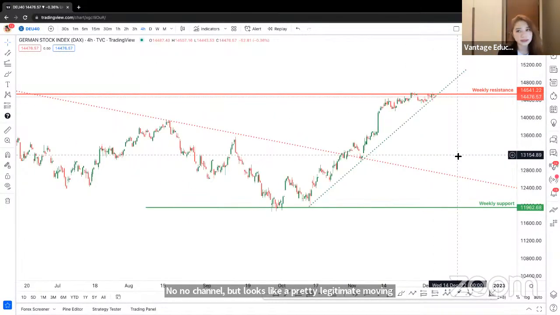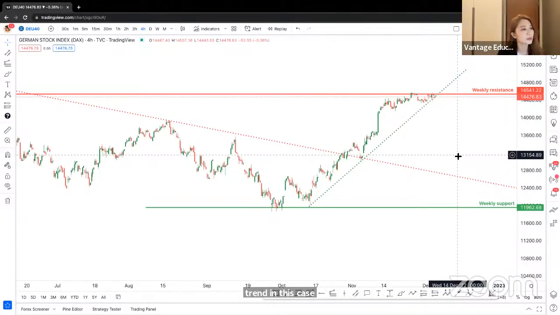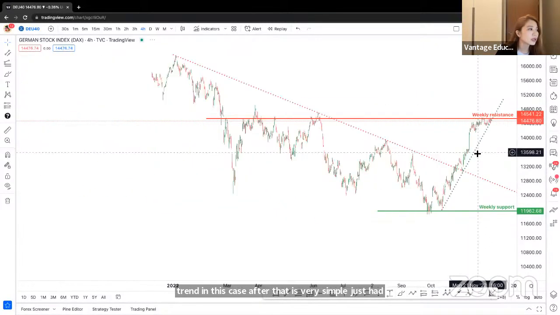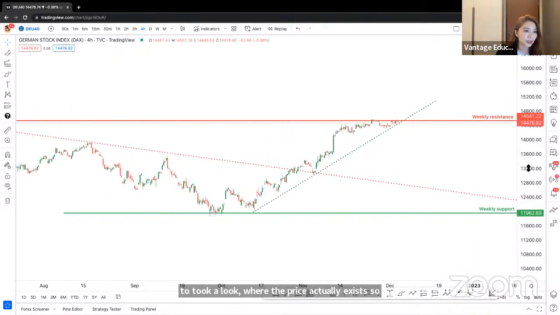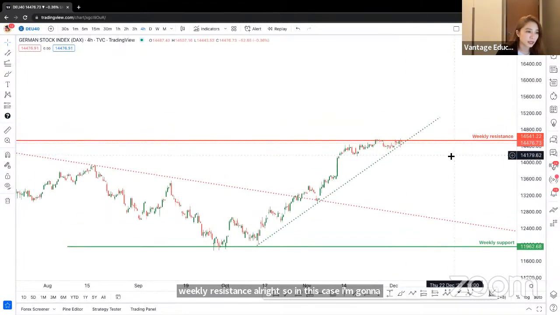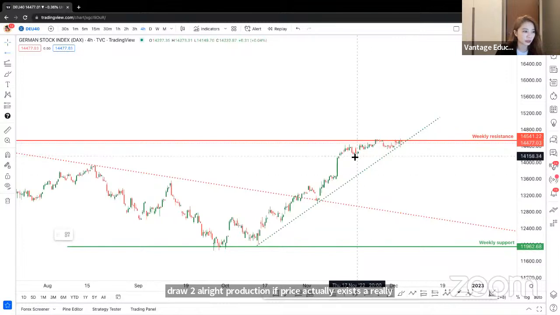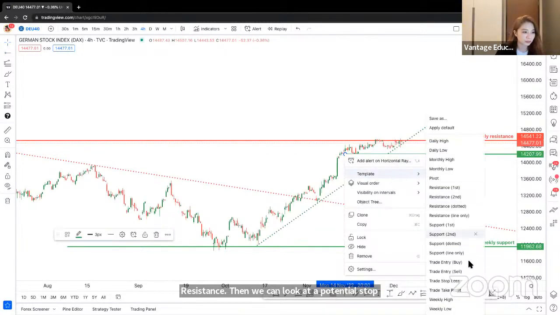For DAX in this case, I feel that it is very simple. Just have to take a look where the price actually exceeds the weekly resistance. So in this case, I'm going to draw two directions. If price actually exceeds the weekly resistance, then we can look at a potential stop loss here.